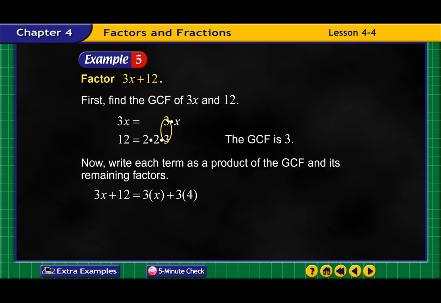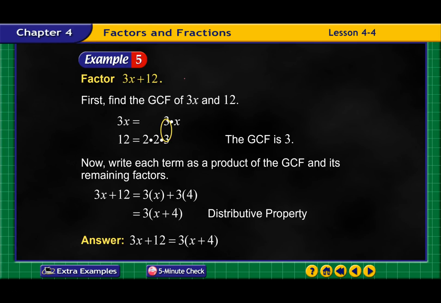So we pull 3 out of both sides, and then we'll group it with 3 and x plus 4. This is really a long way of doing it. It's great, but eventually you just look at this and go 3 goes into 12. I can take 3 out of this and 3 out of this. It's where eventually you get to.